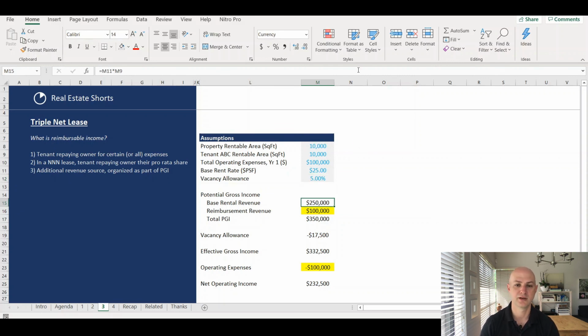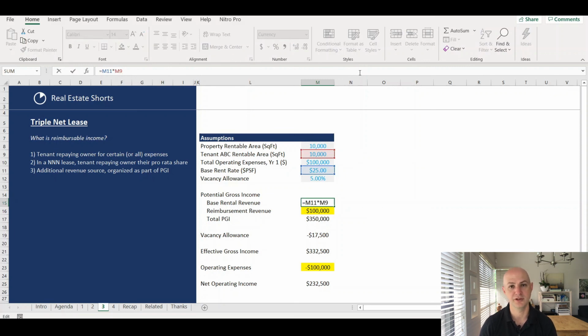So we expect to collect $250,000 in base rent, 10,000 square feet times $25. And we expect to collect $100,000 worth of reimbursable revenue. So the owner and the tenant will define, this is the budget for operating expenses over the next 12 months. I believe it to be $100,000, and we both agree. Then we say, what is your proportionate share?